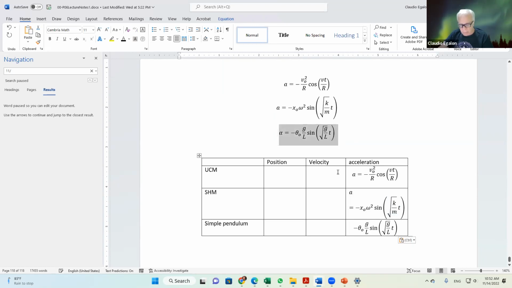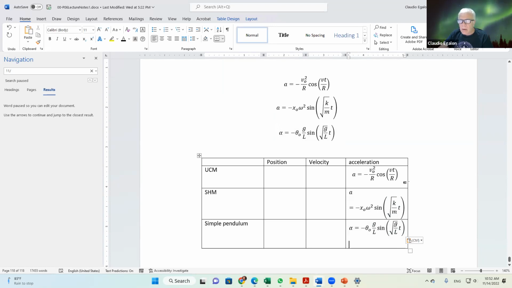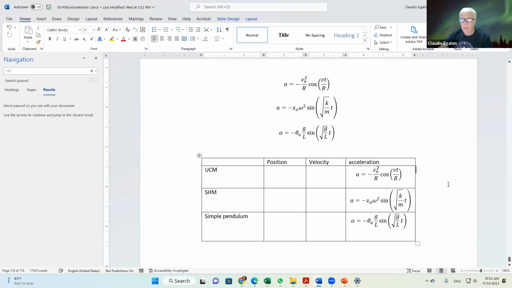I'm going to put angular acceleration for you. Whereas the others are linear acceleration, this one is angular acceleration. If you want the linear acceleration, all you have to do is multiply that by L, okay? Multiply my alpha by L, and then you get the linear acceleration for the pendulum.